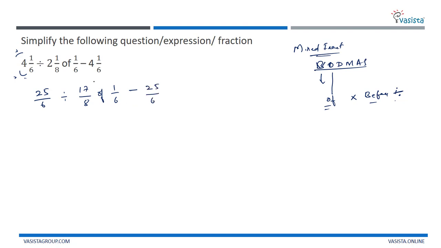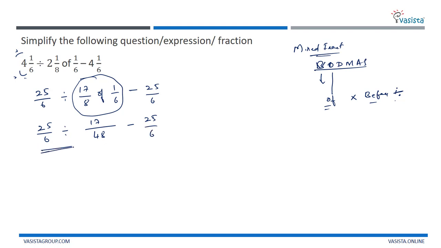Right, here first of all we have to complete this operation, that is, 25 by 6 divided by 17 by 8 of 1 by 6. So I need to multiply this before the division: 8 6s are 48, minus 25 by 6.